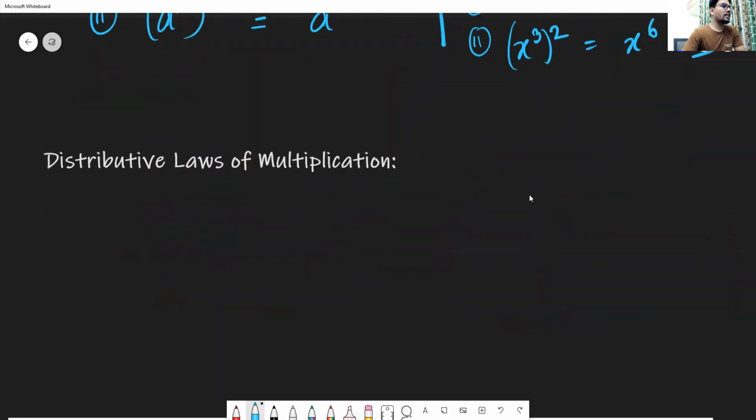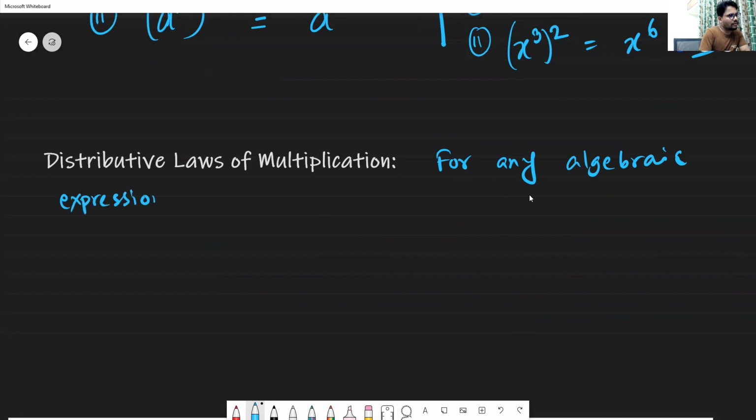Now second part, distributive law of multiplication. So here for any algebraic expressions A, B, C, and m is a natural number.